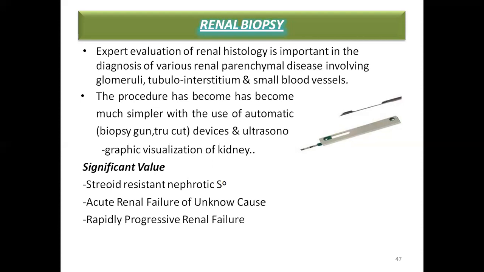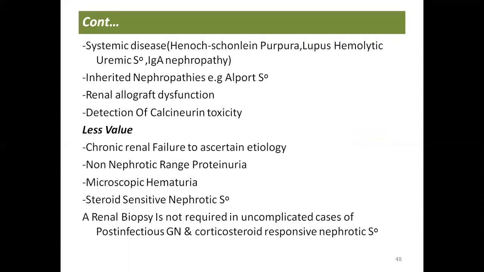Its significance can be seen in cases of steroid-resistant nephrotic syndrome, acute renal failure of unknown cause, rapidly progressive renal failure, systemic disorders like Henoch-Schonlein purpura, lupus, hemolytic uremic syndrome, IgA nephropathy, Alport syndrome, renal allograft dysfunction, and detection of calcineurin toxicity.